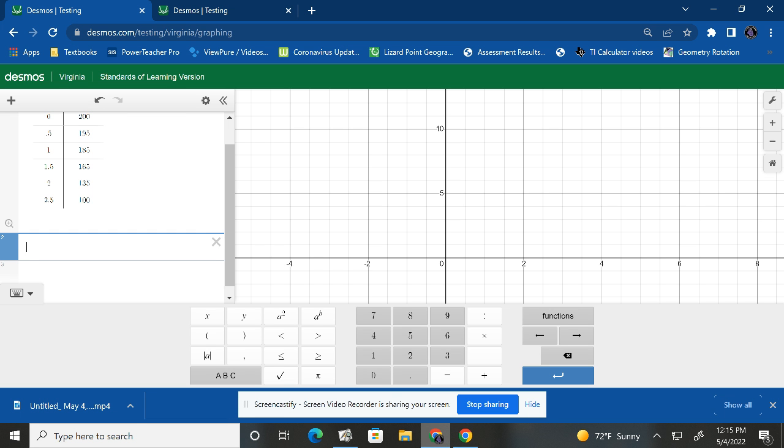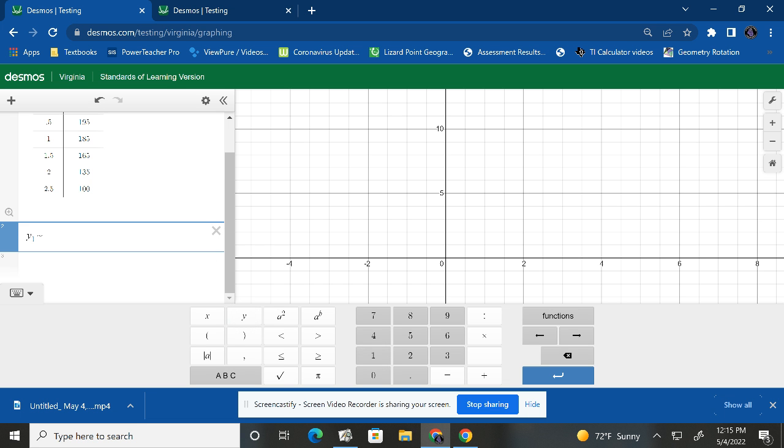So we're going to come here, we're going to type y, and then I need my little tilde. I need to put a sub 1 first, so I just type 1, and it knows to do that. Notice it says equal, 6-element list. It knows, hey, you want us to look at the data in the table. Now I'm just going to hit the shift and right beside my 1 key, and it puts the tilde in there, saying approximately.